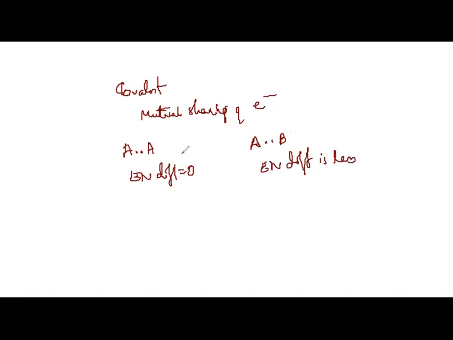So depending upon this, under covalent bonds we have two types of covalent compounds. If the electronegativity difference is entirely zero, it means the bond is between two similar atoms, a homoatomic molecule. Such compounds are said to be non-polar covalent compounds.